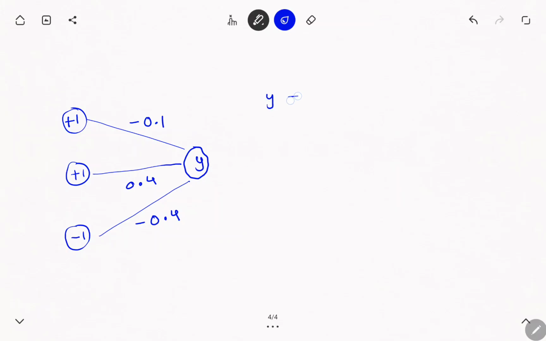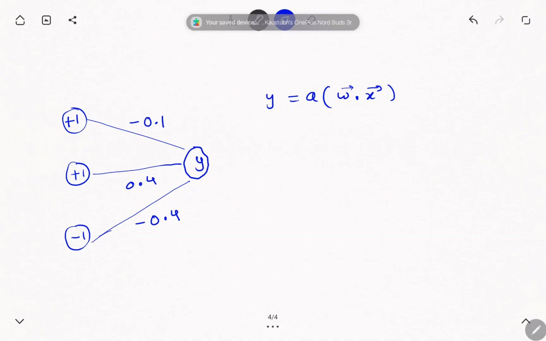Okay, so y is equal to applying the activation function to the dot product of w and x. So here what is w? The weights are -0.1, 0.4 and -0.4, and they are multiplied by x1, x2 and x3. Okay, here we are not considering any bias. This is a given example. If there is no bias, it passes through the origin.